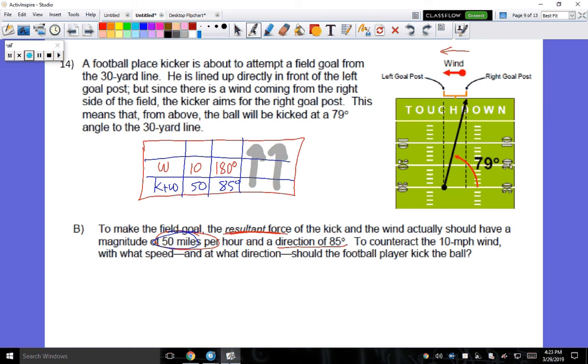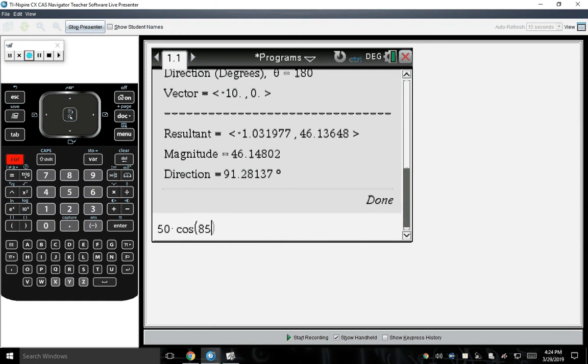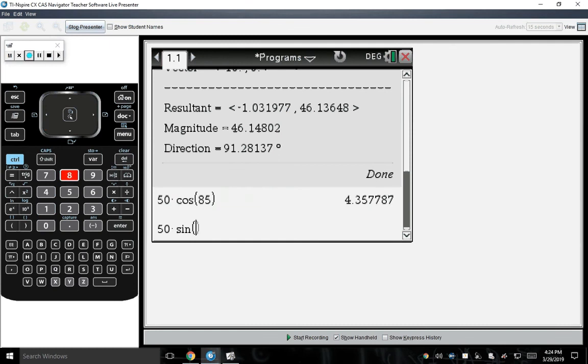So let's get the resultant components, which are going to be right here, okay? And we're going to do that like normal by doing 50 times the cosine of 85, and we'll do 50 times the sine of 85.